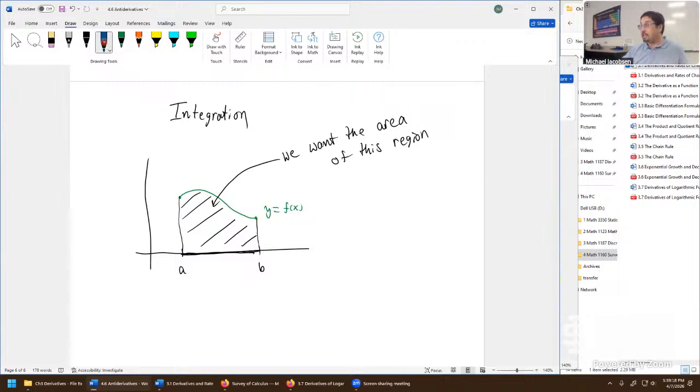However, here's what the antiderivative has to say about this problem, and it's really pretty bizarre. This is called the fundamental theorem of calculus, Part 2, specifically.